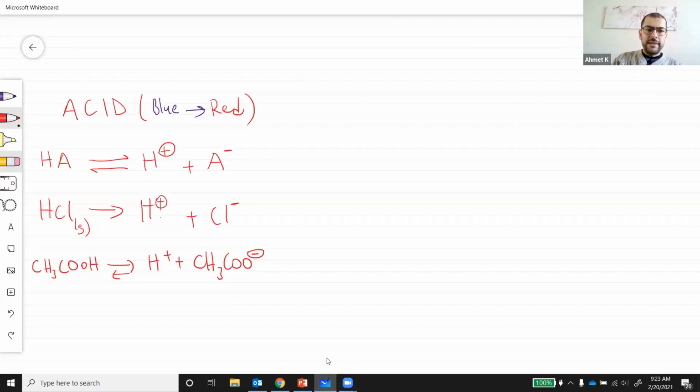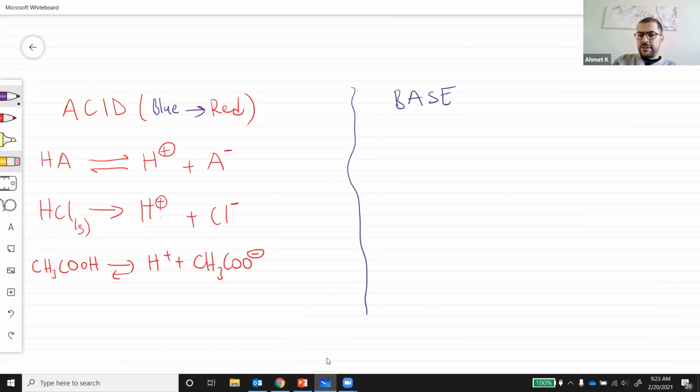And what about the bases? The bases, on the other hand, let's write the bases here in blue. The Arrhenius definition of a base is any substance, let's take a look at NaOH, that instead of releasing H pluses or hydronium ion, now releases OH minus.